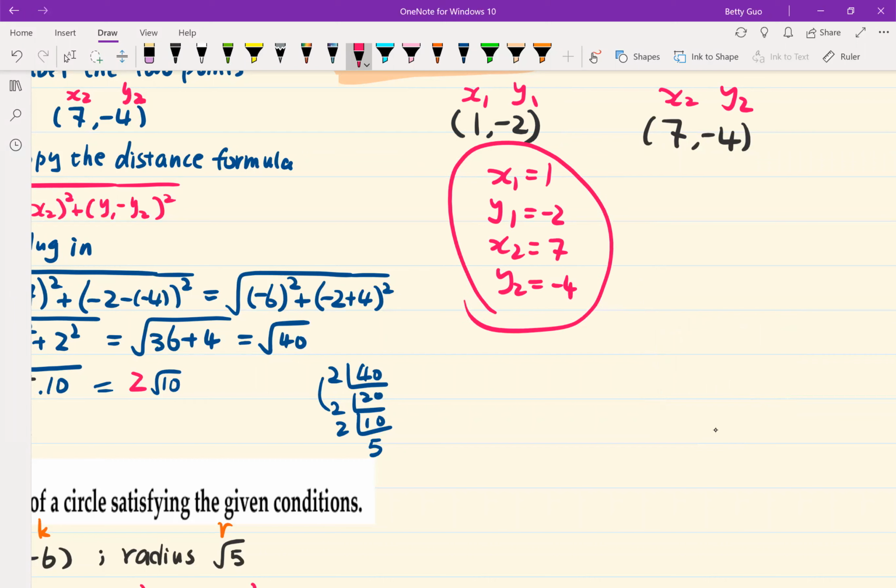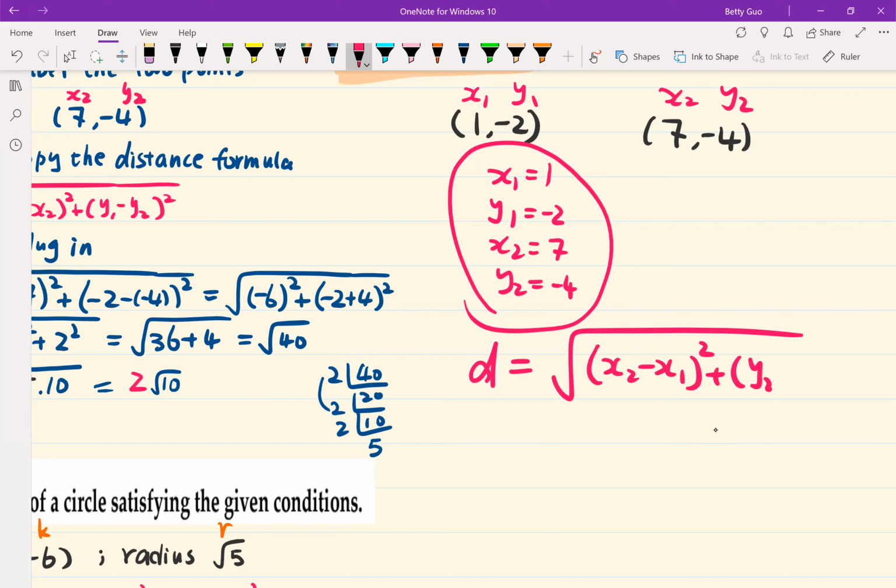Step 2, copy the formula. I will give you the formula, so no problem with that. The formula: D equals the square root of (x2 minus x1) squared plus (y2 minus y1) squared.